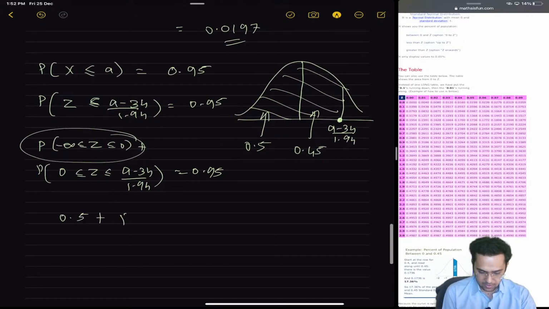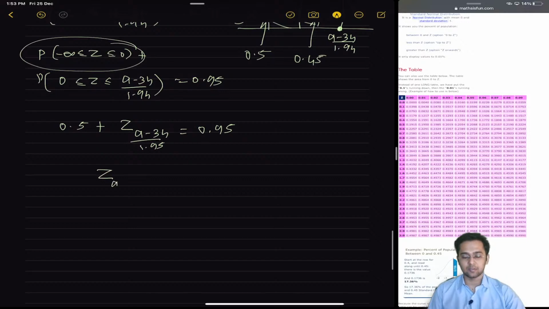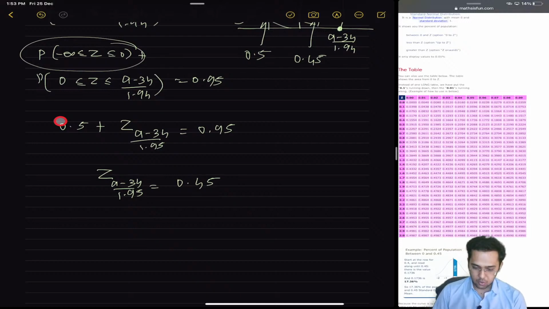So I can say z of some value is 0.45. That is after bringing this 0.5 on the other side, we say z value of a minus 34 upon 1.95 is 0.45. Now I need to look at from the table as to z value of what is 0.45.